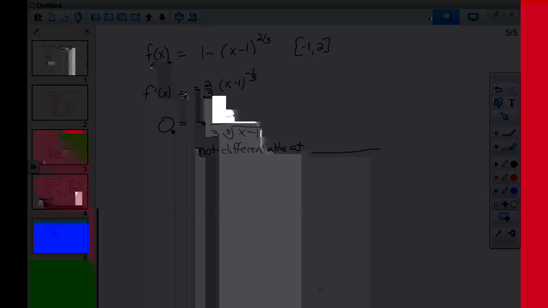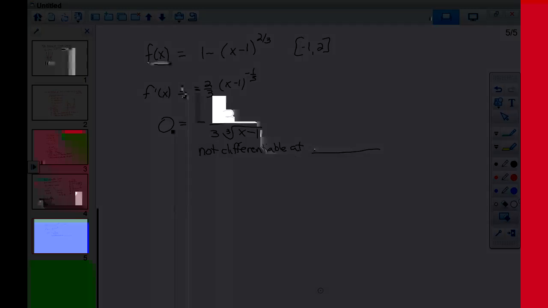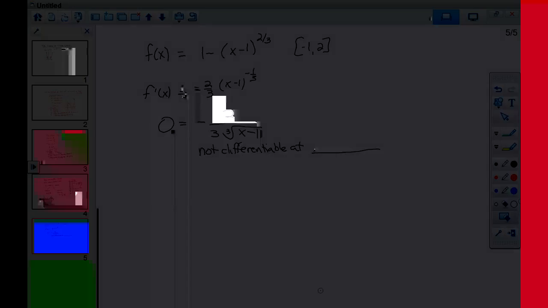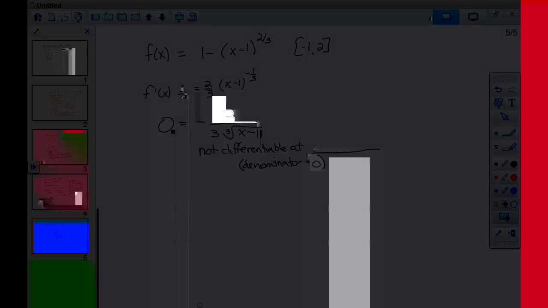Here's our goal. Where is it not differentiable? You have to find it. What is the denominator equal for it to be undefined? Where does that happen?